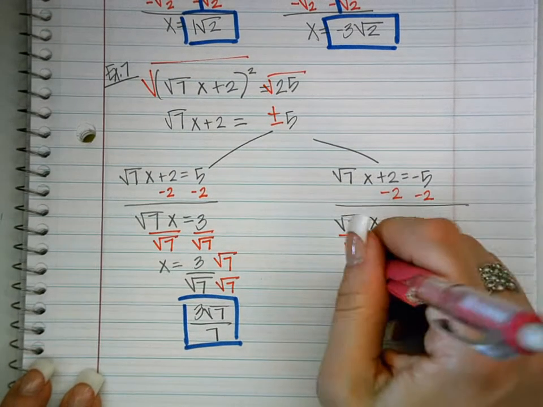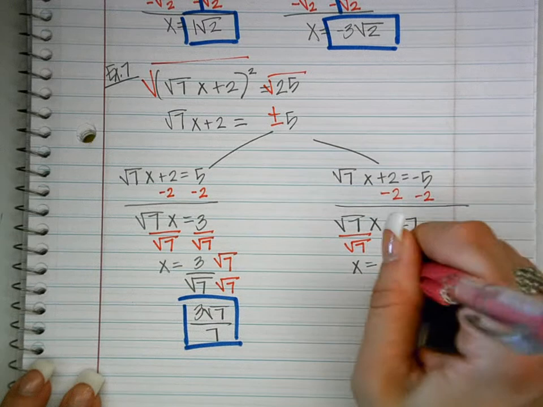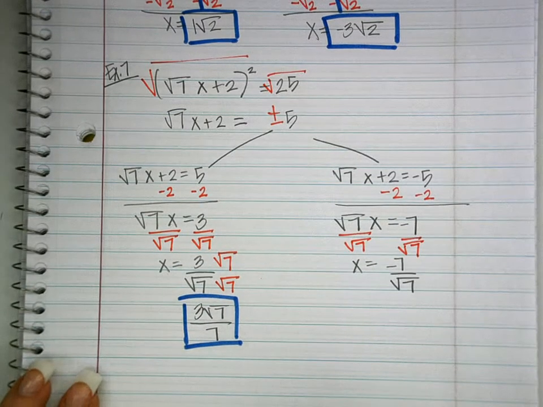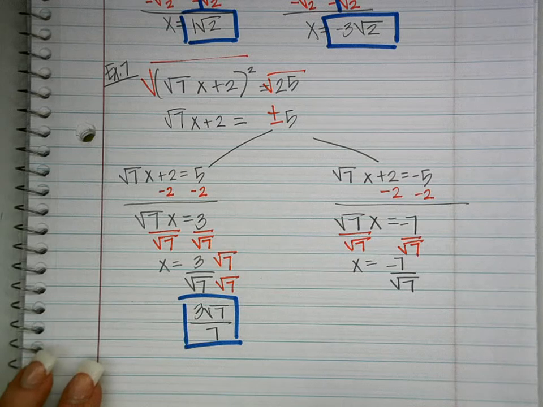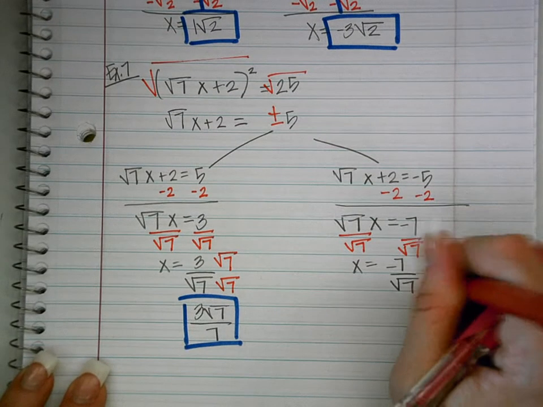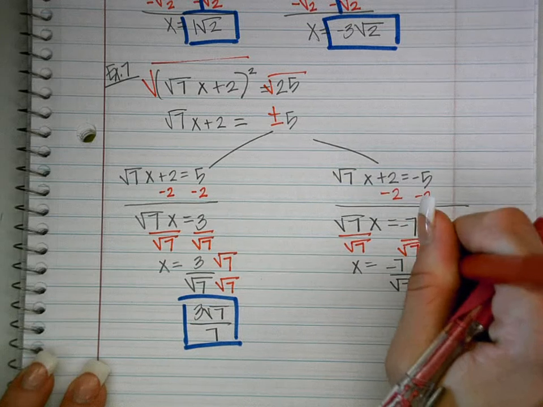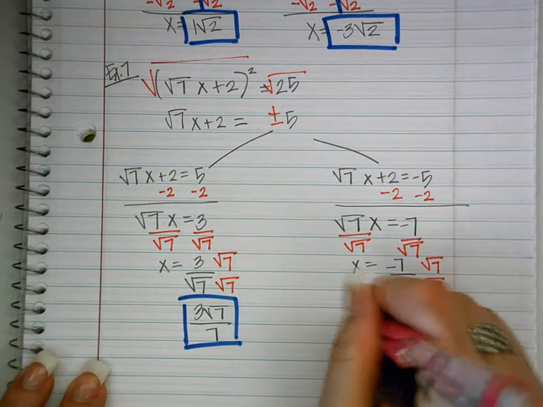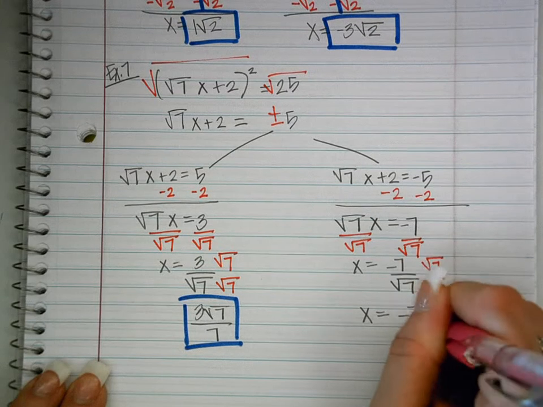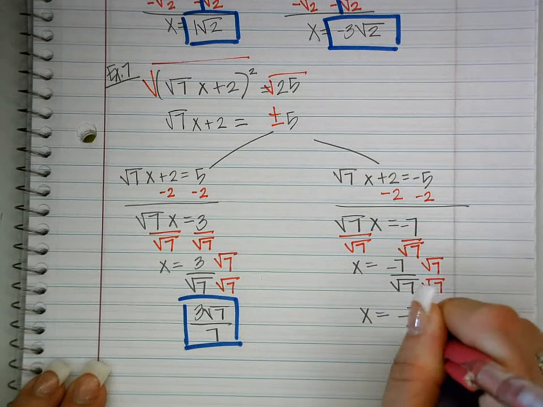Leaves you with x equals negative 7 over the square root of 7. Then to rationalize that, you multiply it away. So multiply by root 7 on both the numerator and denominator. So you'll end up with an answer of x equals negative 7 root 7 over 7.